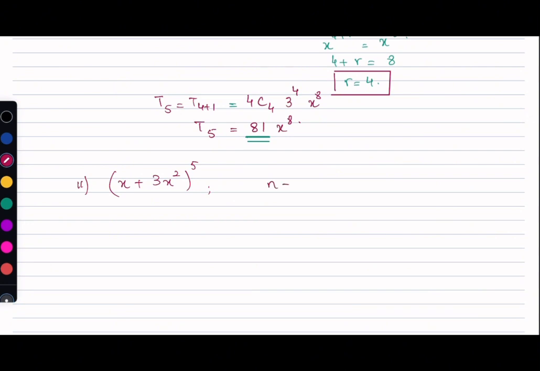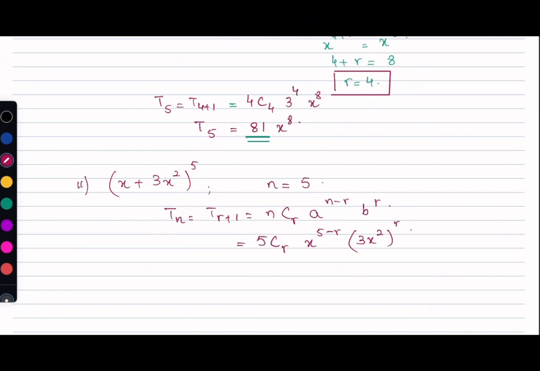My n value is 5. Again, I will be applying the term formula T(r+1), which shall be equal to nCr a to the power n minus r and b to the power r. Replacing n by 5, 5Cr, a is x to the power 5 minus r, and b is then going to be (3x²) to the power r here.